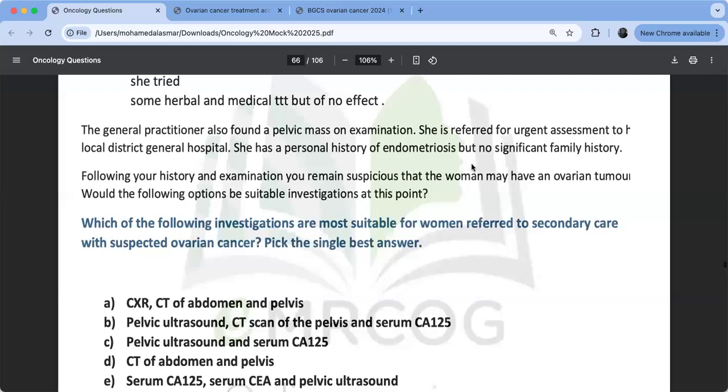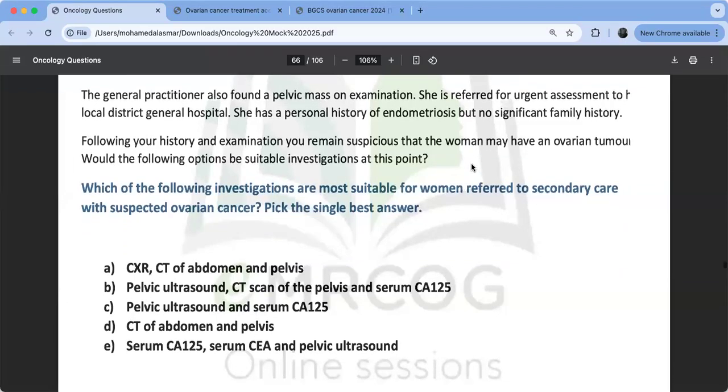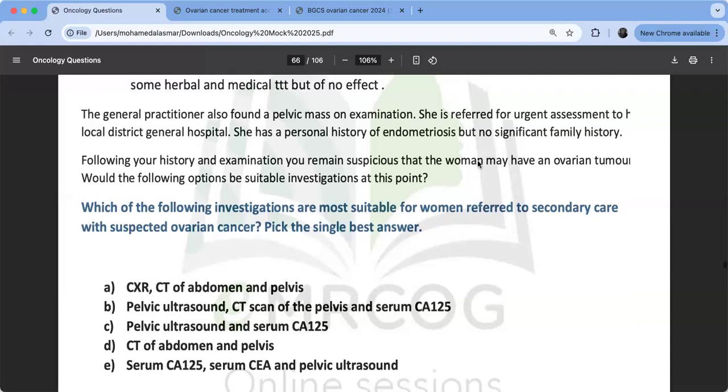Following the history and examination, you remain suspicious that the woman may have an ovarian tumor. Which of the following investigations are more suitable for women referred to secondary care with suspected ovarian cancer? Pick the single best answer.